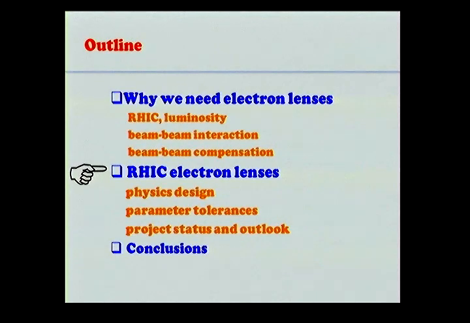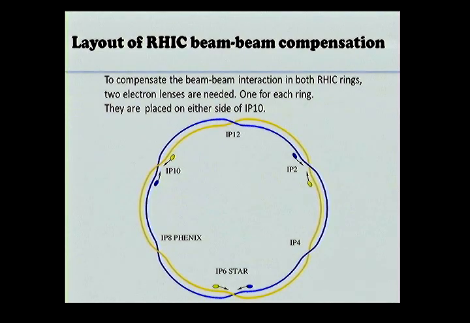So next, I move to the second part of my talk. I will discuss the physical design and parameter tolerance of the RHIC electron lens, and also introduce the project status and outlook. To compensate the beam-beam interaction in RHIC, we need two electron lenses, one for the blue ring and one for the yellow ring.